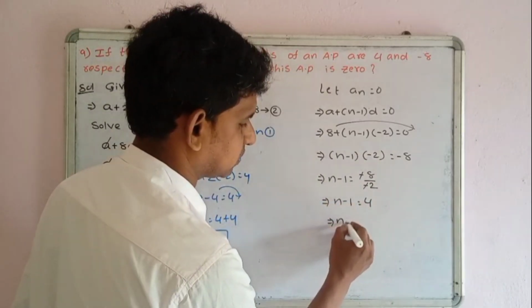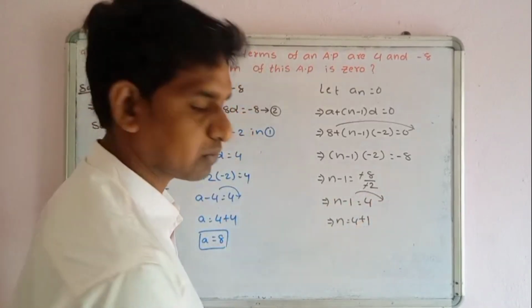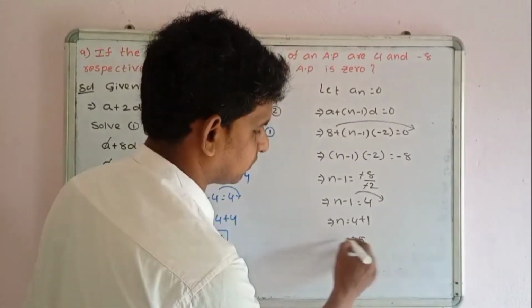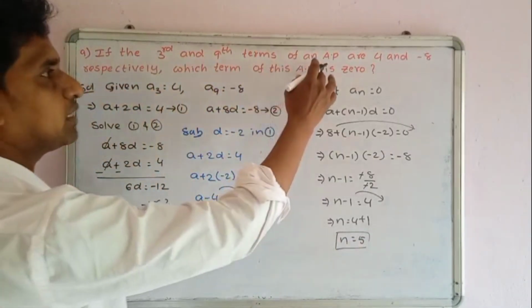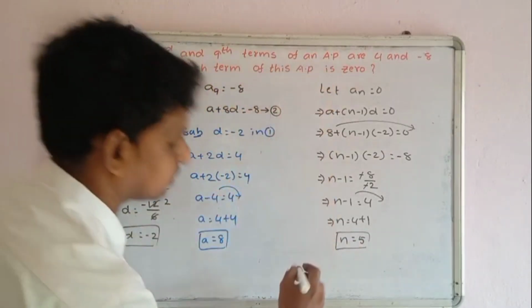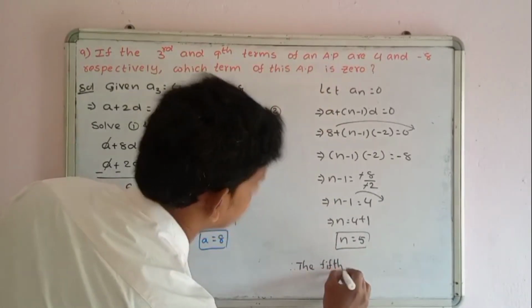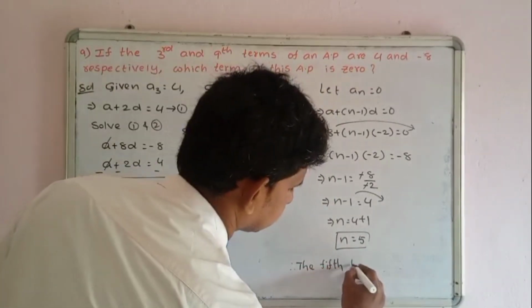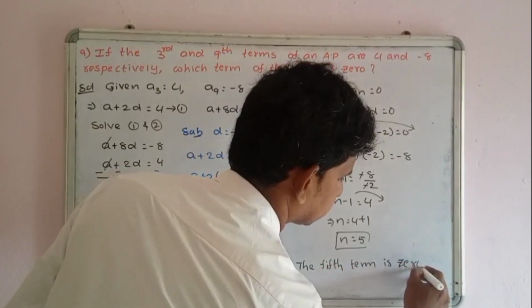So n equals 4 plus 1, that is 5. Therefore, the fifth term in the AP is 0.